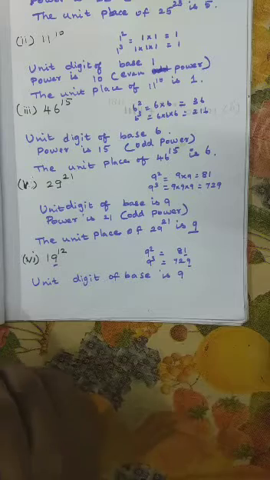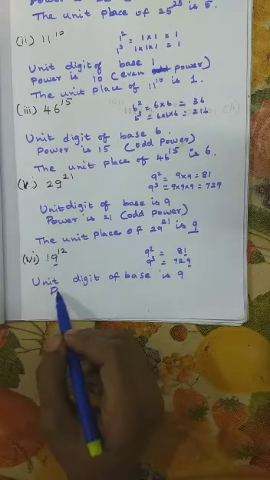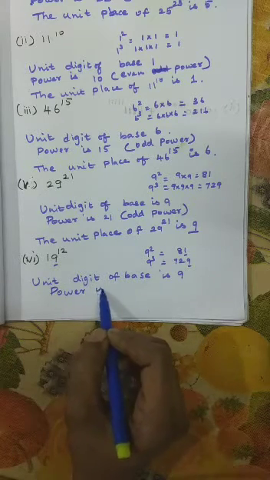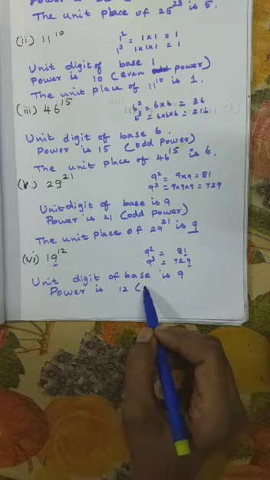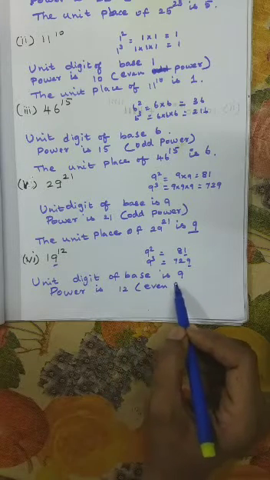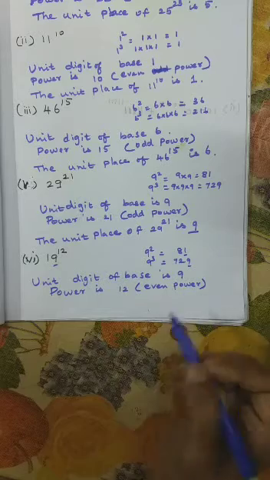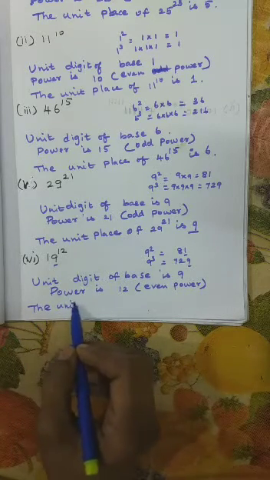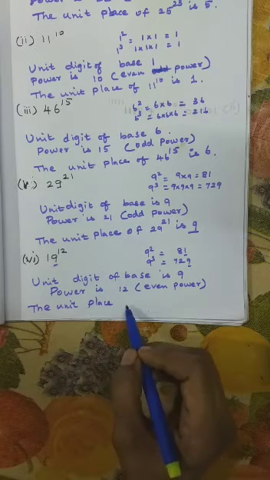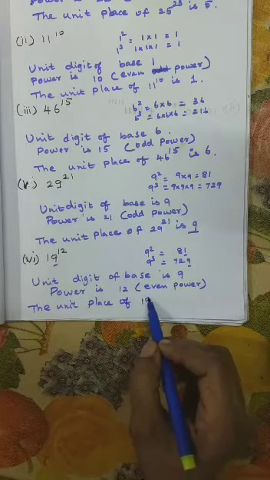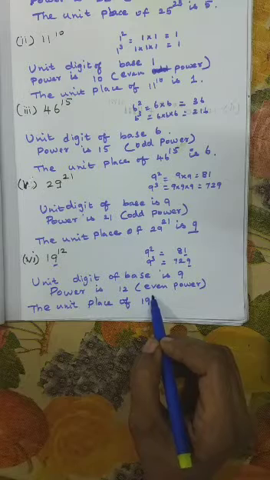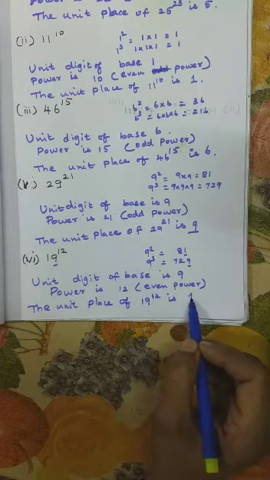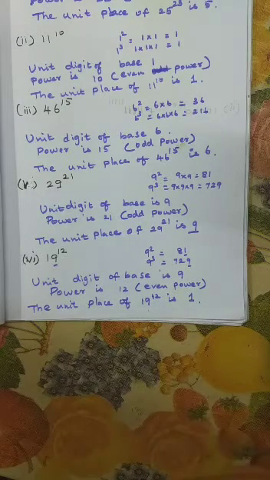Then the power is 12. It is even power. So the units place of 19 power 12 is 1. Okay, have you understood?